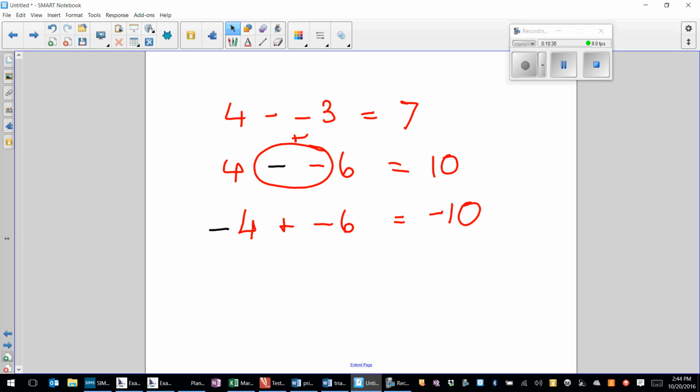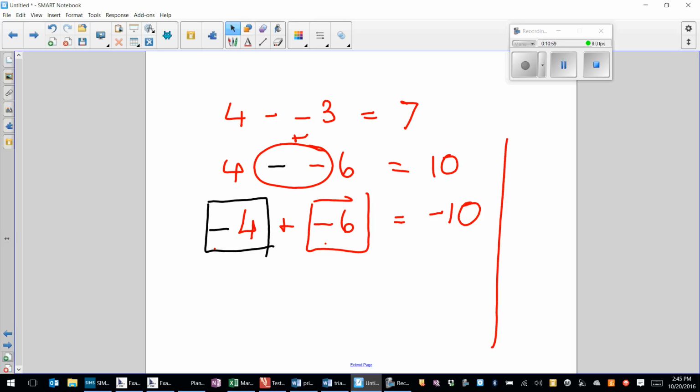But the 2 negatives in the question, here and here, they don't count the same as having 2 negatives next to each other. So this is like I start at negative 4, but I add negative 6. So you add 6. So I start on my number line, I start at negative 4, so below 0.